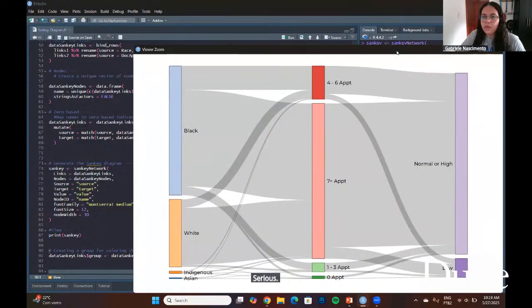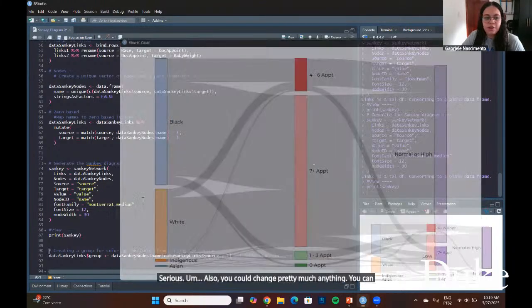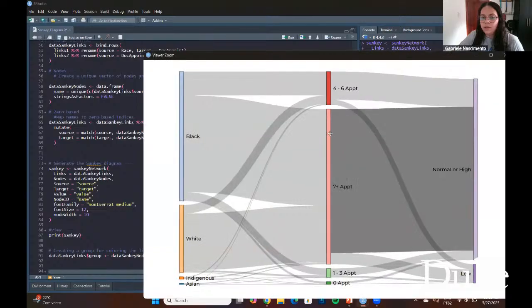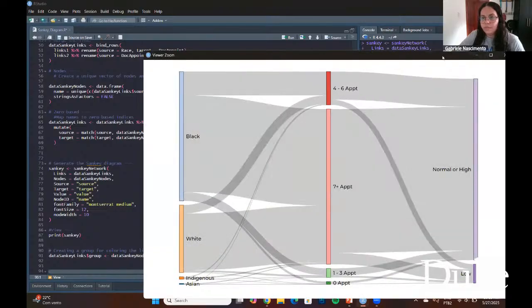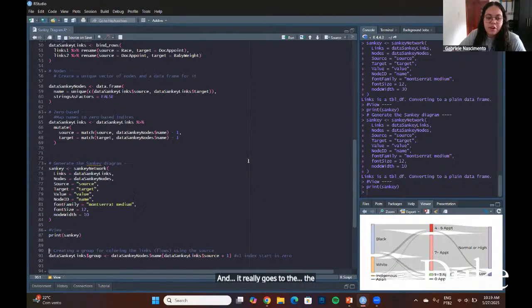Also, you can change pretty much anything. You can change the width here. You can make it thinner. And it really goes to what your aim is.